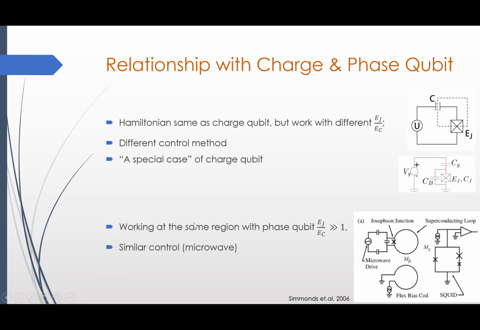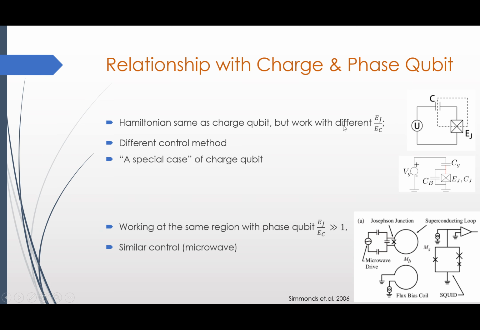It's worth pointing out that Transmon is in some ways between charge and phase qubit, but different from them. The Hamiltonian of Transmon is the same as that of the charge qubit, but it works at the opposite extreme, the Ej over Ec limit.